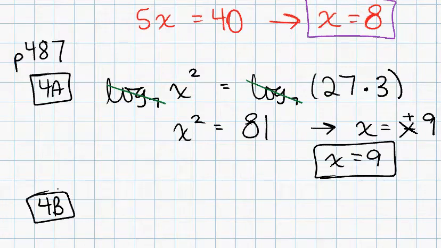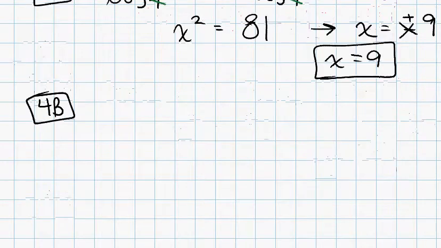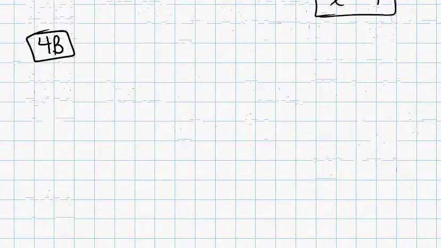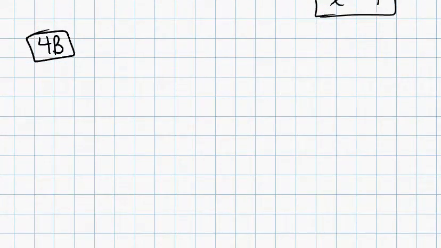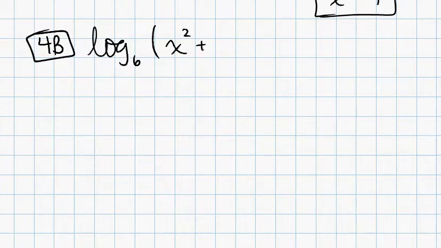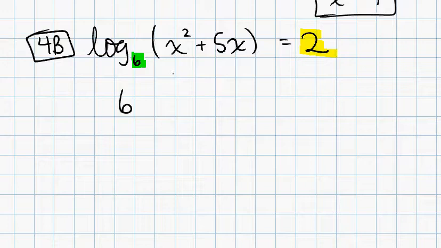Which brings us to 4B. So for problem 4B, your left-hand side is log base 6 of x squared plus 5x. And your right-hand side is just a 2. We rewrite it as an exponential. The base is 6. The exponent is 2.